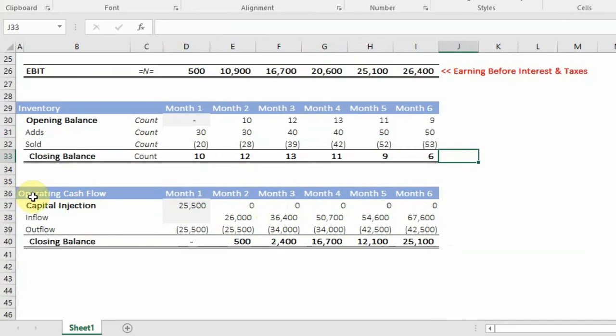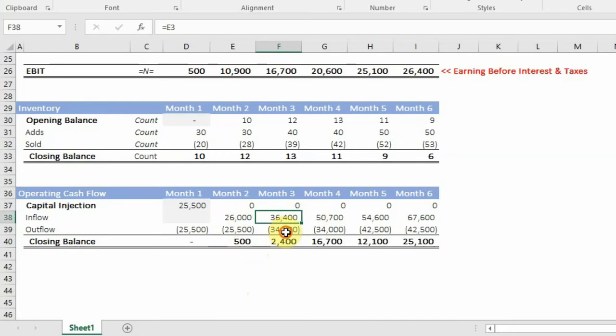And so for the cash flow, you injected 25,500, and you spent that in buying T-shirts, and then by the close of the next month, you realize a revenue of 26,000. So you find the difference is 500, so you've made some additional cash of 500, and then that continues, like you can see here.